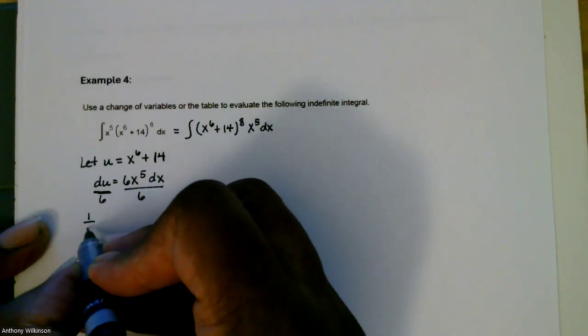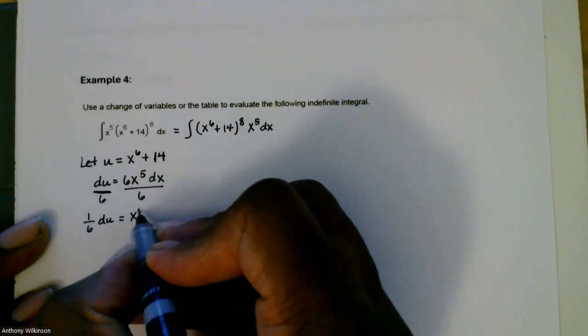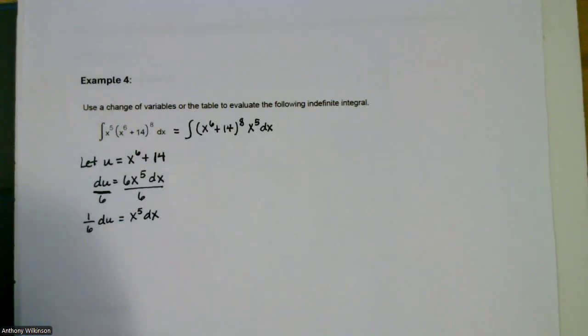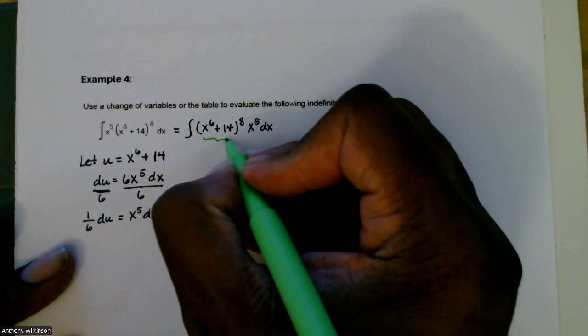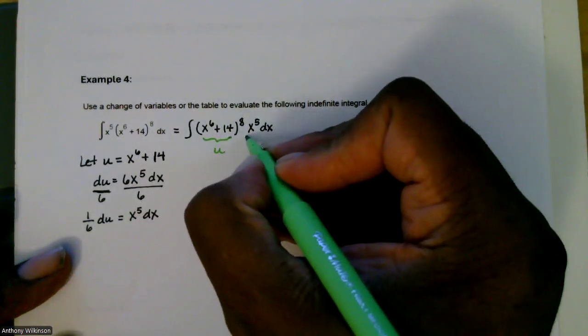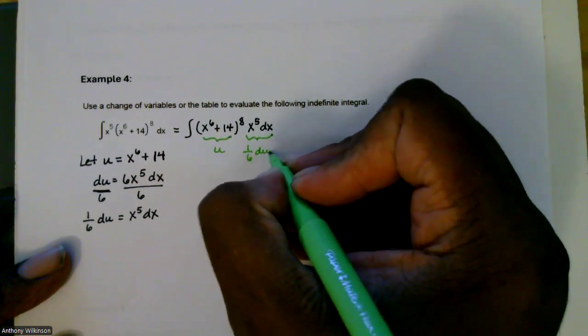So that means I'll have 1/6 du is equal to x to the 5th dx. So in this case here, that x to the 6 plus 14, that would be u. And then x to the 5th dx, that would be 1/6 times du.